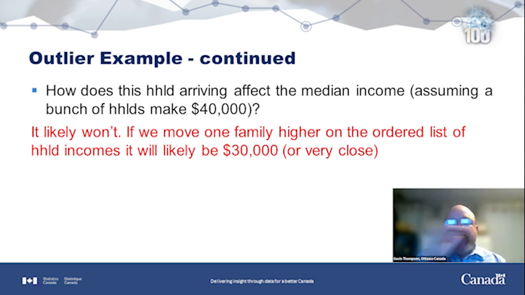So when we rank them, there's still a good chance we'll have a family that's at 30,000. Now, it might go up, it might not, and we may not know, because if the next family in order made, say, 31,000, then the median went up by 1,000. But if there's a bunch of them at 30,000, it's likely that it didn't go up. So thank you for answering that.